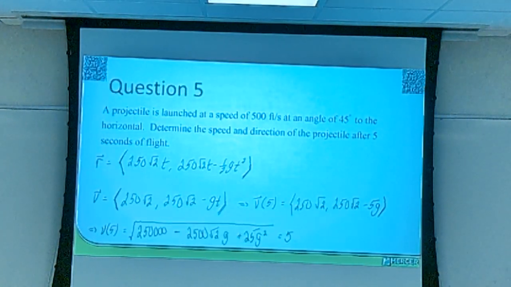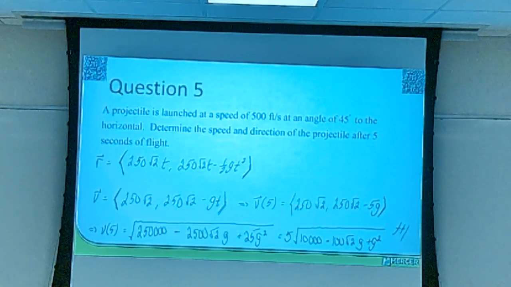So that's going to be the speed after 5 seconds. So 25 divided by 250,000. Just 100,000, isn't it? Or 10,000. Yeah. Minus 100 square root of 2 times g plus g squared, there's your speed, in feet per second.